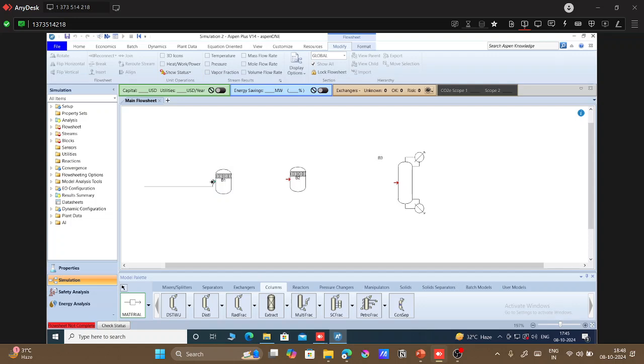Our feed is coming and going into the flash. EIPK is also coming and going into the flash. From the flash we will have a water outlet, product 1, the first liquid which will go to the feed in the RadFrac column, and the second liquid outlet which will go to the second flash.